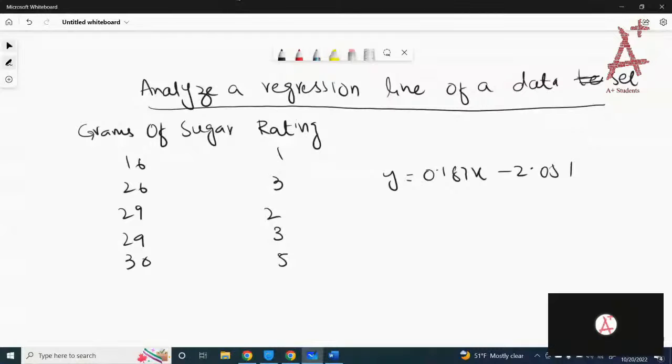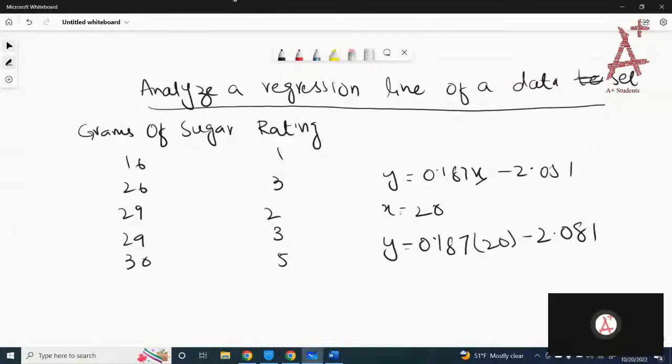Got it? So plug x equals 20 into the equation of the regression line. Just put any value of x and predict the y value. Let's put x equals 20 in the equation. So y equals 0.187 times 20 minus 2.051.